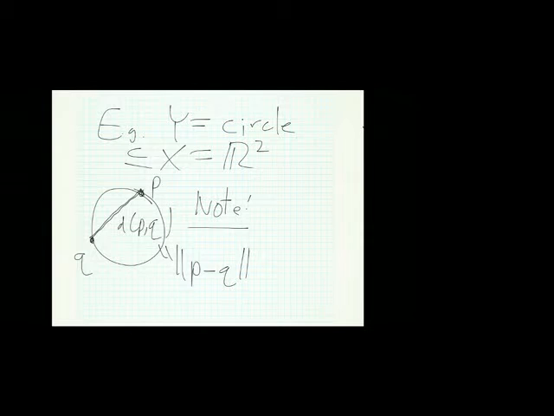One thing you might note, let me go to the next page. So the point is, maybe there are other ways to think of this as a metric space. Is there another way to think of the distance from P to Q? If you were actually standing on the circle, and your entire universe was a circle, and you wanted to know the distance from P to Q in your universe, you might not measure it in the way that we're measuring it here.